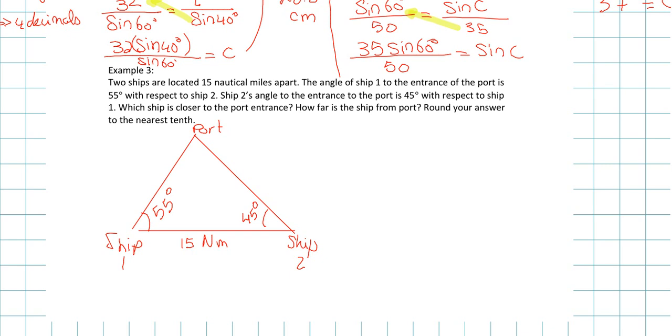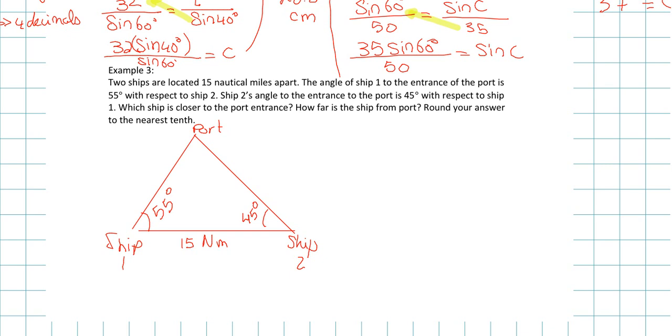So here we need it. Why do we need it? Because we don't have an opposite angle and an opposite side. Remember, to use sine law, I need to have a side and its opposite angle. I don't have this side, I don't have this side, right? The only side that's given is this one, so I need the opposite angle. So I do need to find that angle.